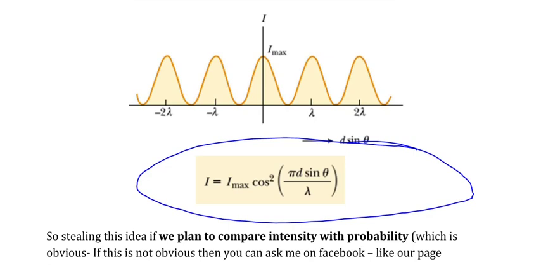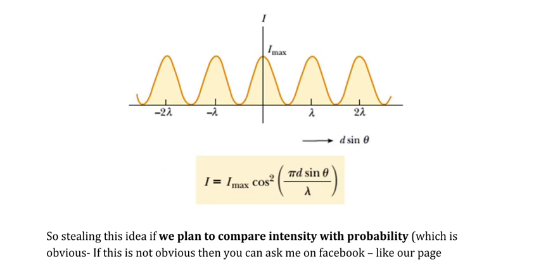Now there is an idea. How about linking the intensity that you get in light's interference pattern and the probability that you get in the electron interference pattern? The idea is to link them, or to think of them as one.